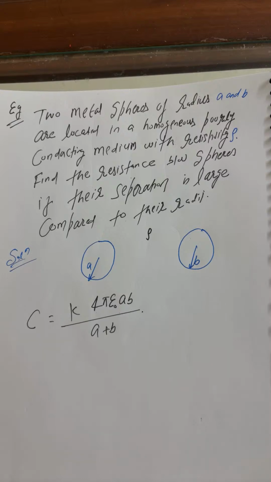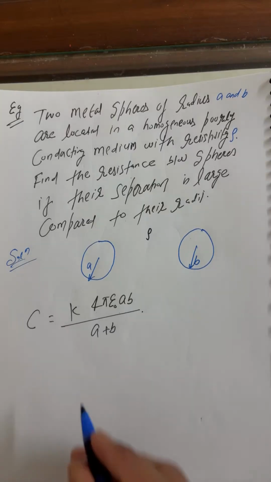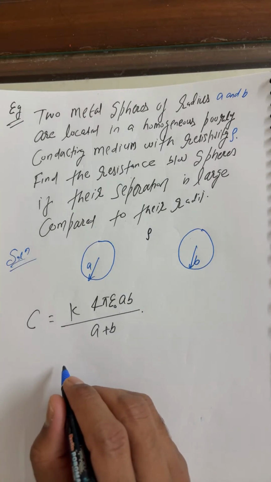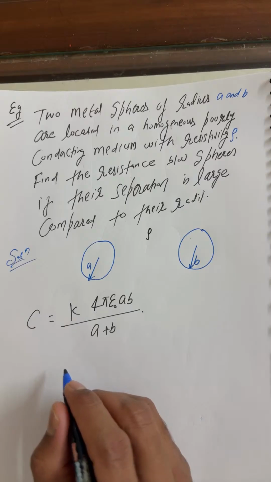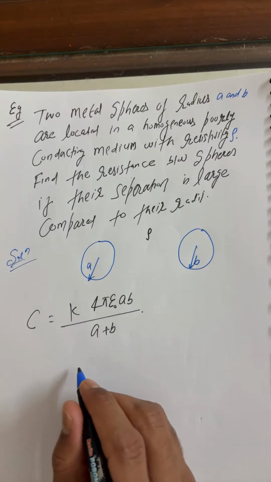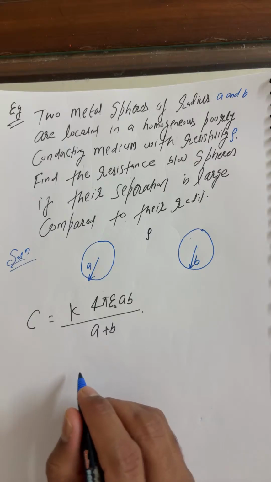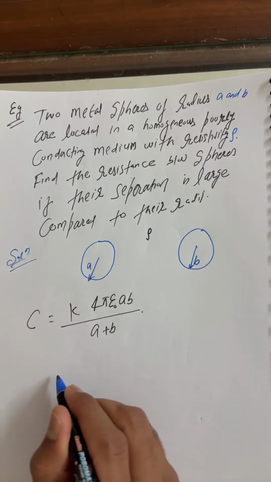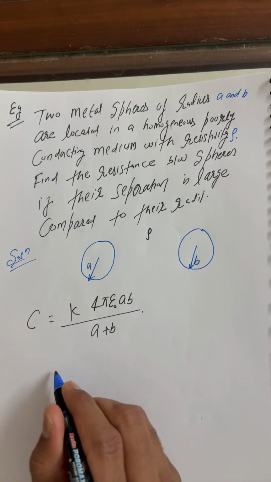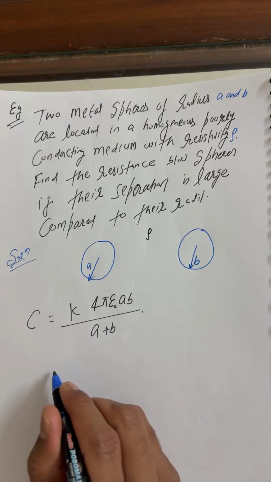I hope all of you remember the concept of leakage current. So, beta, I'll use over here tau is equal to RC. Tau is equal to RC for a resistor, right?